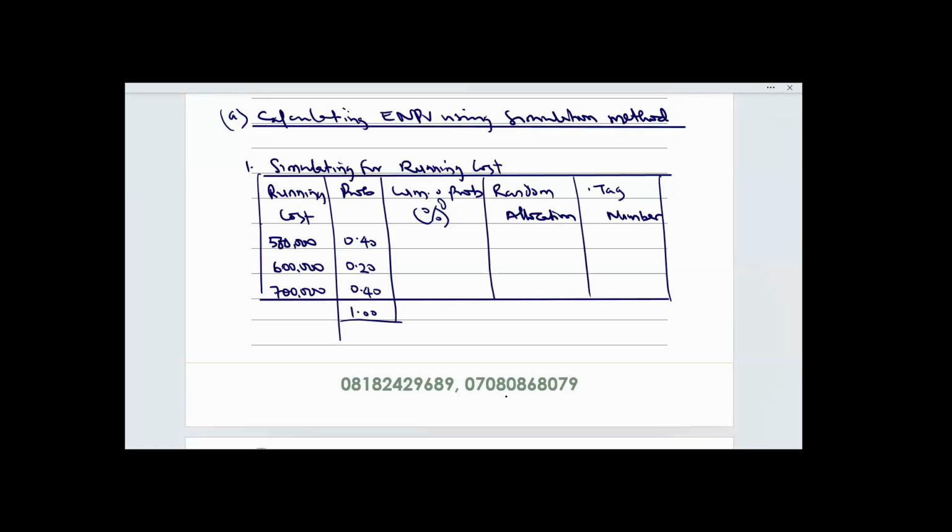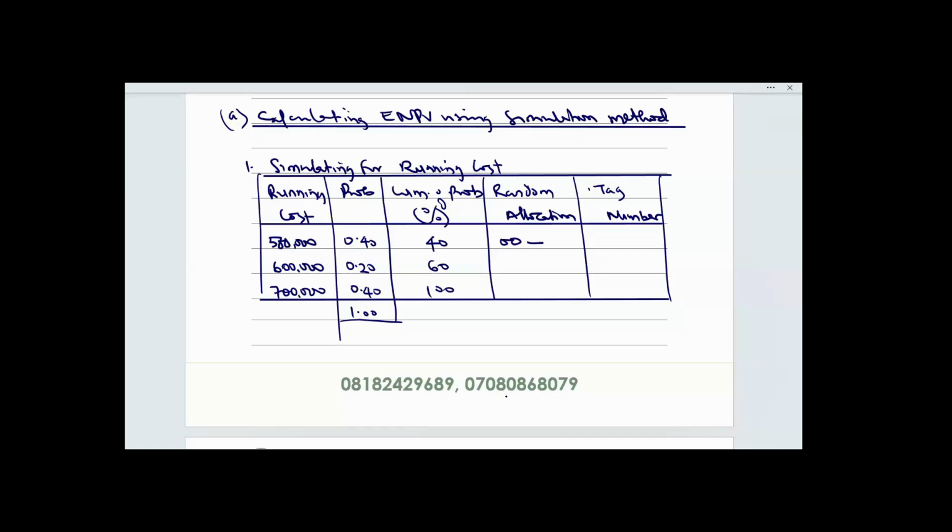Next, to get the cumulative of the probability in percentage, the first probability is 40. 40 plus 20 will give us 60. 60 plus 40 will give us 100. Then random allocation: we start from 0.